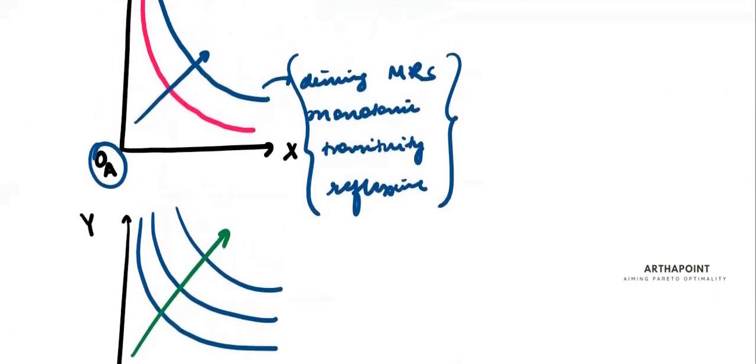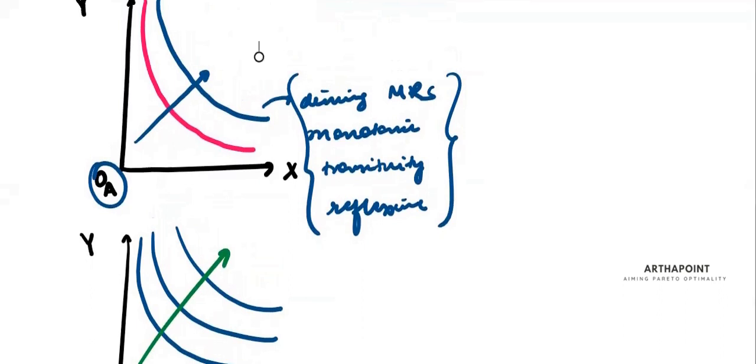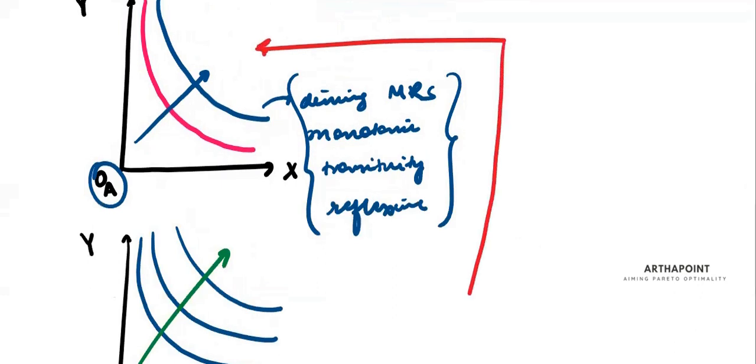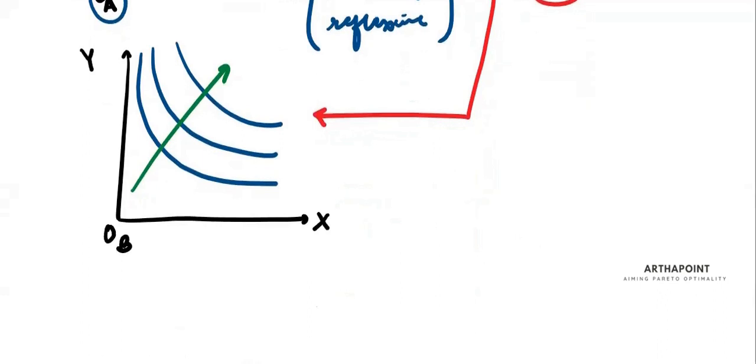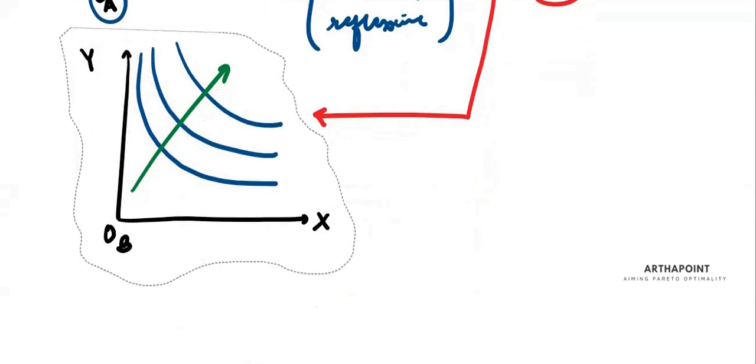But now, if I have to combine this part of individual A with individual B, how do I go about doing that? It is an impossible task. I cannot just put one indifference curve over the other. I cannot just have the same axis. So what I do is I start rotating this.